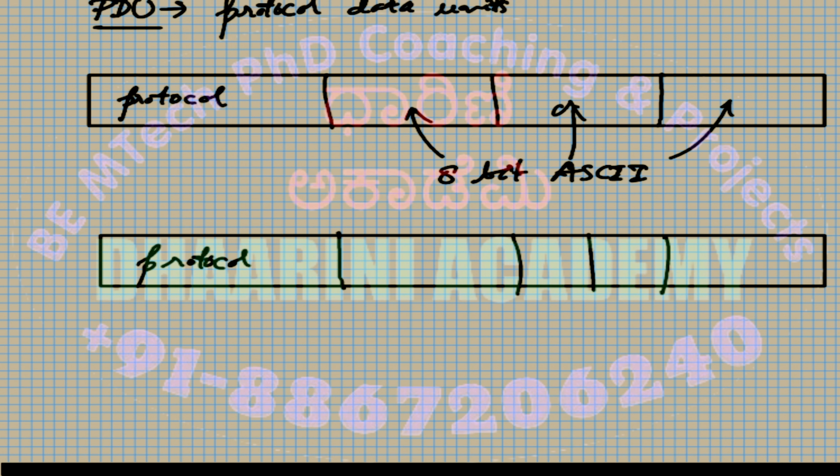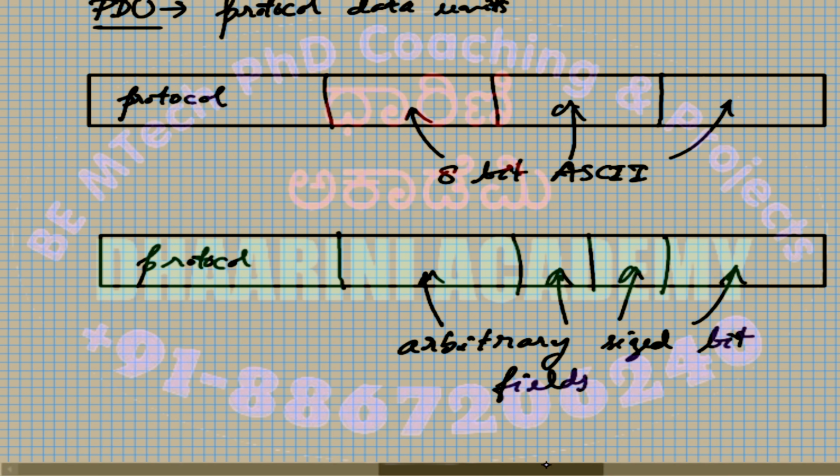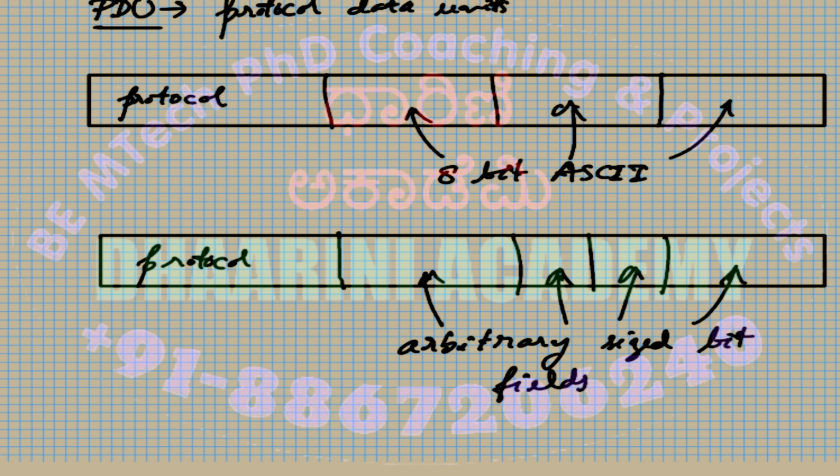For each field you use 8 bits, but here it is random. These are arbitrary sized bit fields. Each of these fields is different in terms of size. What size we allocate is completely different.